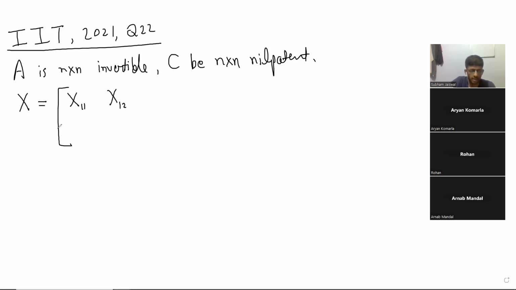So it is a matrix of matrices, and this whole thing is 2n cross 2n, and xij is n cross n.